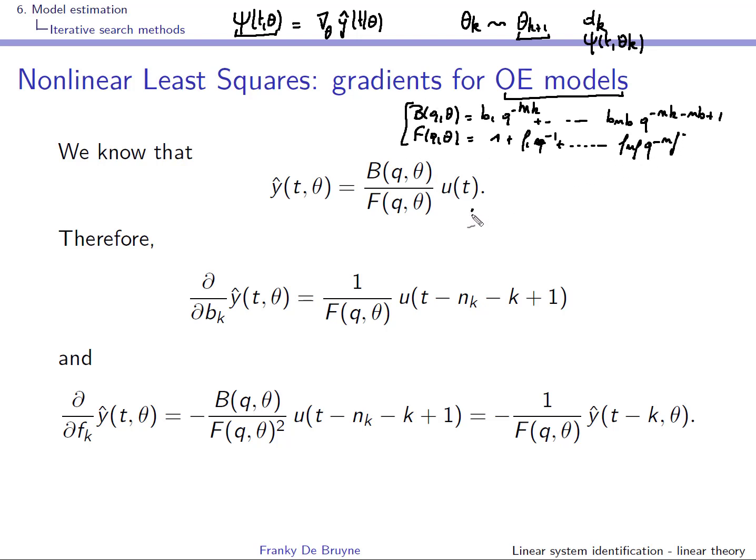So now we have to take the derivative, okay, and so we'll do first the derivative with respect to the b's and then to the f's, right? So if we take the derivative with respect to the b's, and I'll maybe do it with respect to b1, well, you have 1 over F because it's not depending on the b's, right? And then you have to take the derivative of this one over here with respect to b1, and what you'll have is q^(-nk) u(t), right?